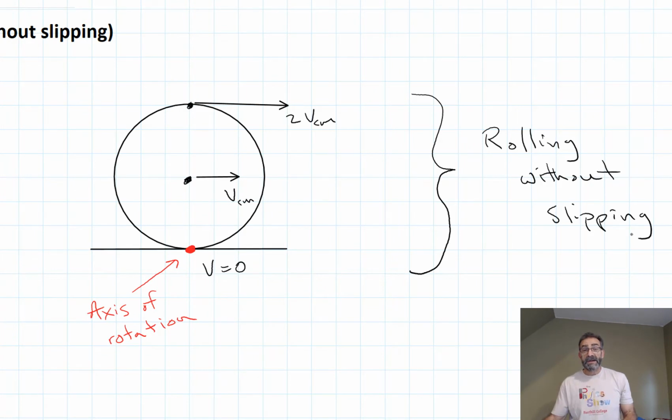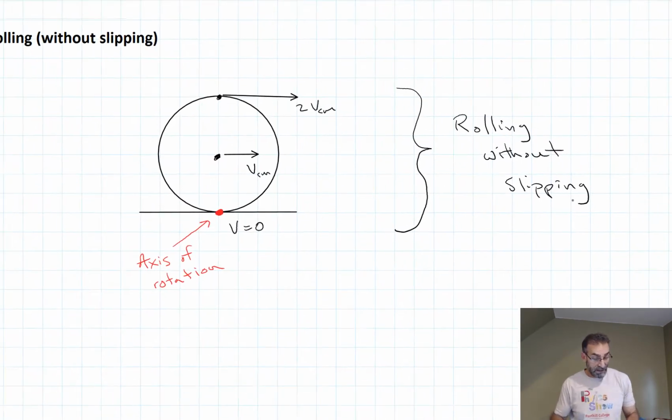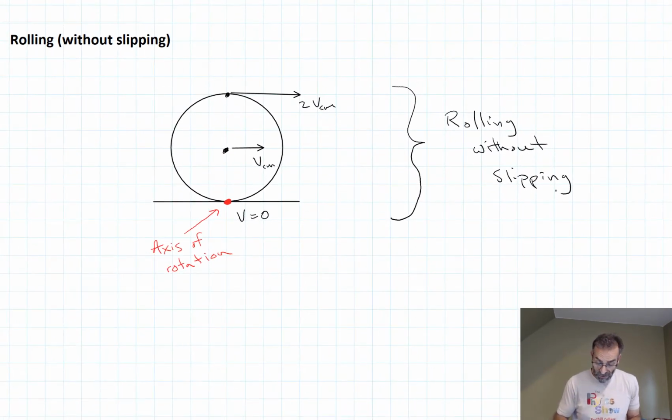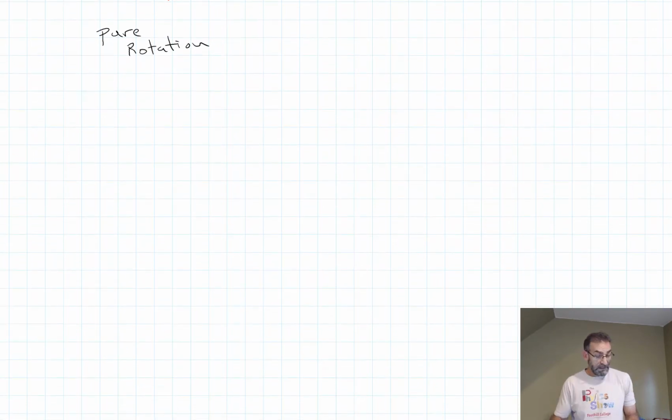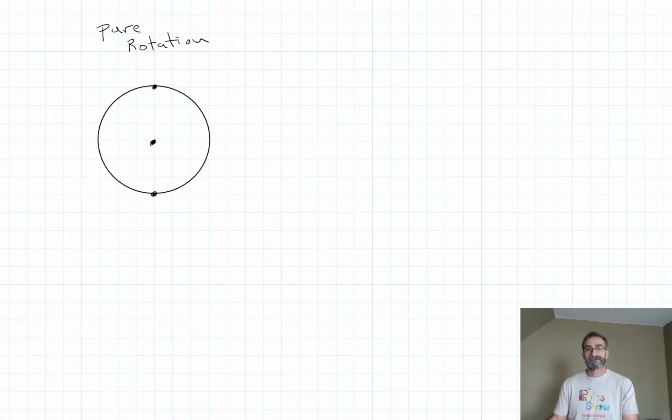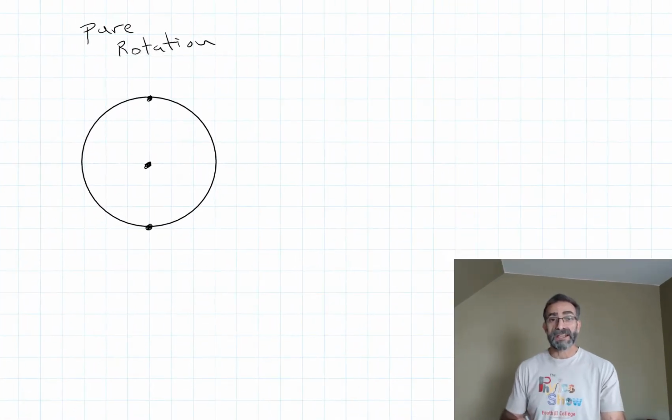Let's take a look at what it means just to rotate and what it means just to translate. So if we have pure rotation, let's see what that would look like for our wheel. In pure rotation, the object is not moving, it's only rotating.